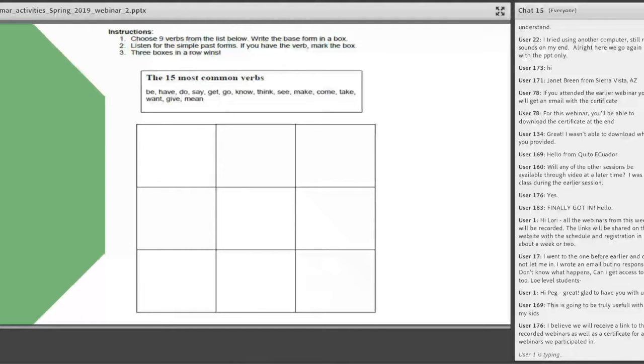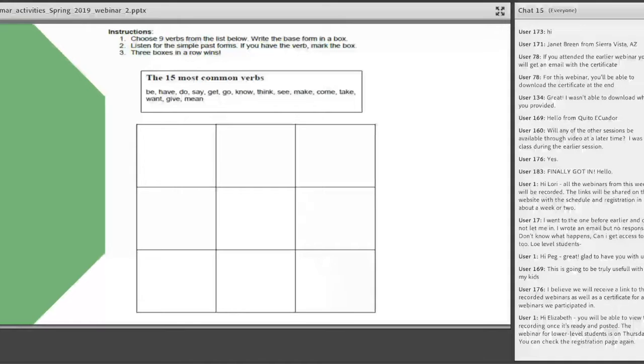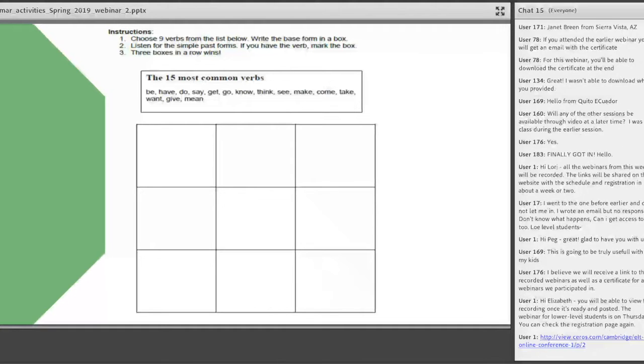So I've picked these 15 verbs from research, and I'm going to ask my students to put 9 of them in these squares here. And I'm asking them to write the base form, so exactly what they're seeing here in the box. And the other thing about this activity is in order to win, you have to have 3 boxes in a row.